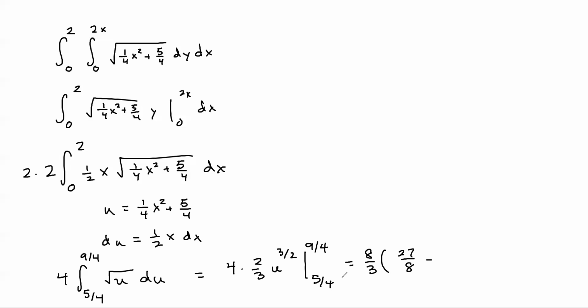You take the square root first, which gives you root 5 over 2, and then cube. And so we get 5 root 5 over 8. The 8's here cancel with the 8 there, and so we get 27 over 3, which is 9, minus 5 root 5 over 3.